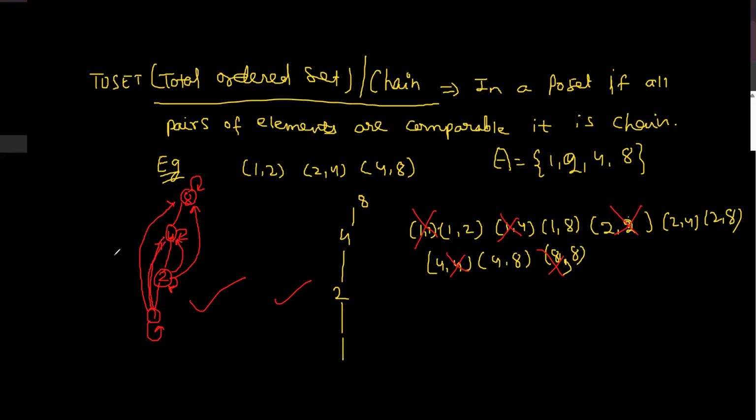In a Hasse diagram, always use this type of operation. So only these pairs you will get: 1, 2, 4, 2, 8. This is what? Comparable.